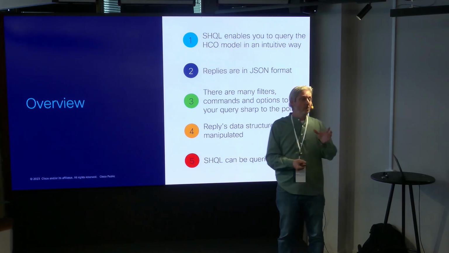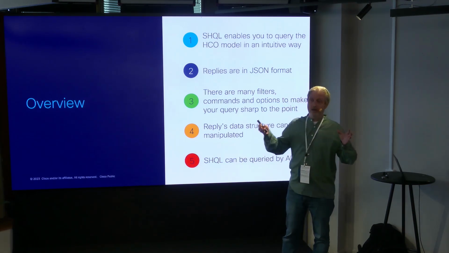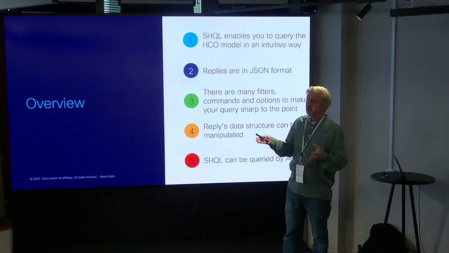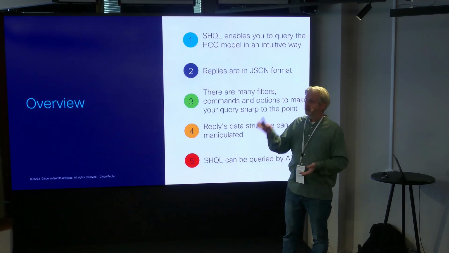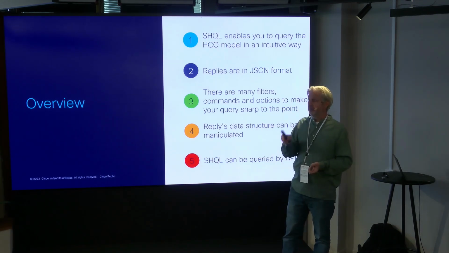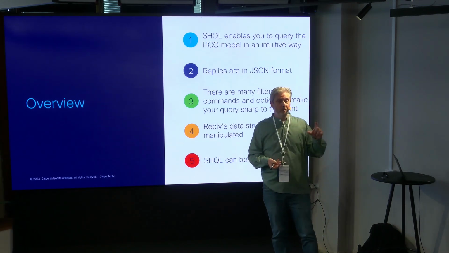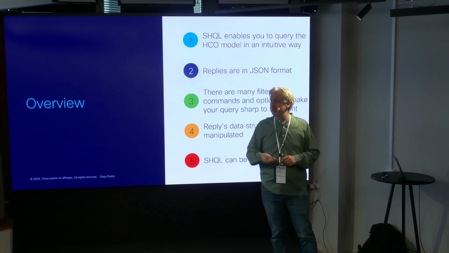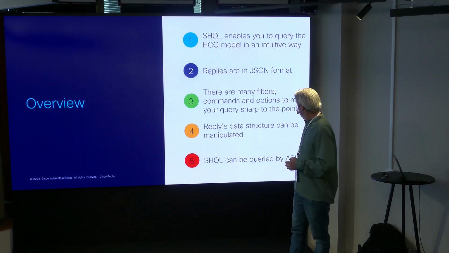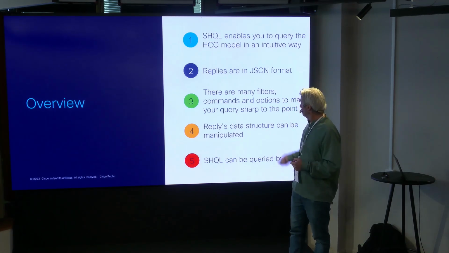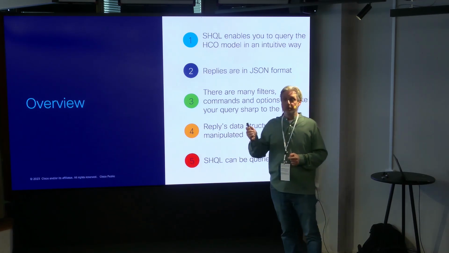You can have a view. Let's say every JSON object has a lot of attributes, but you need only 5 attributes. So you can choose whatever to get back in the response. You make it smaller, and it will be much easier for you to parse only whatever you need. And as mentioned, SHQL can be queried through REST API.